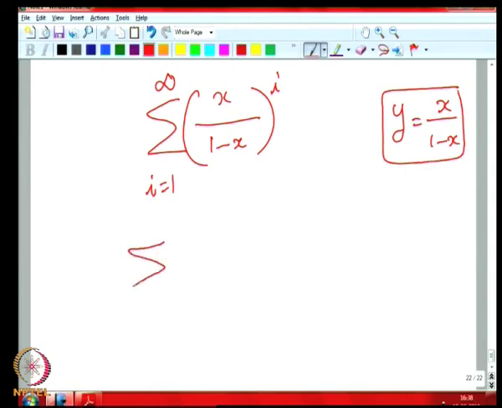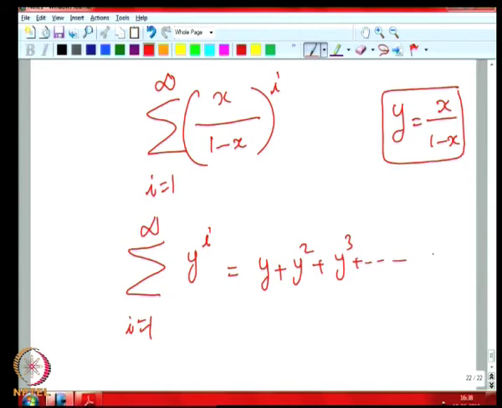Then this will read the sum i equal to 1 to infinity of y raised to i. How will it look? This will be y plus y square plus y cube and so on. You can pull out one y from it, so this is y into 1 plus y plus y square plus so on.